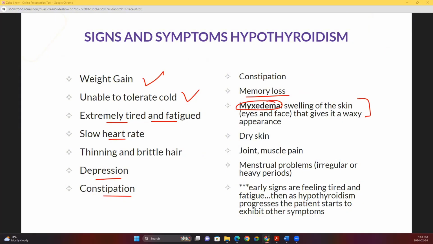I will explain myxedema later and show you the picture, but you should know what it is. Dry skin, muscle pain, menstrual problems, and most of the time, the first sign and symptom of anyone with hypothyroidism is feeling tired and fatigued. If you are feeling tired all the time, it could be hypothyroidism.